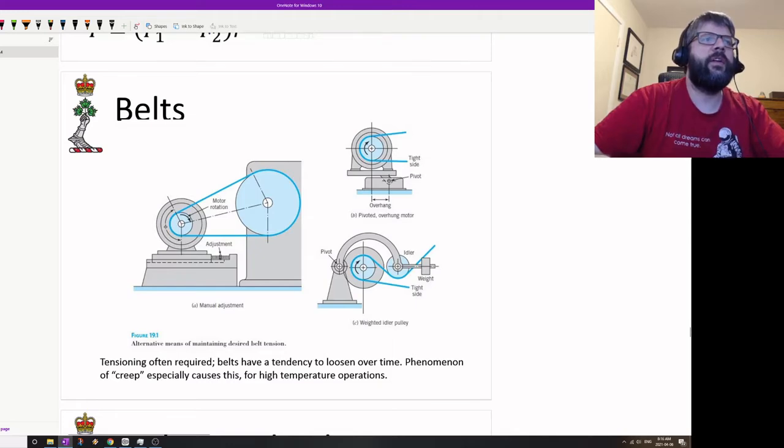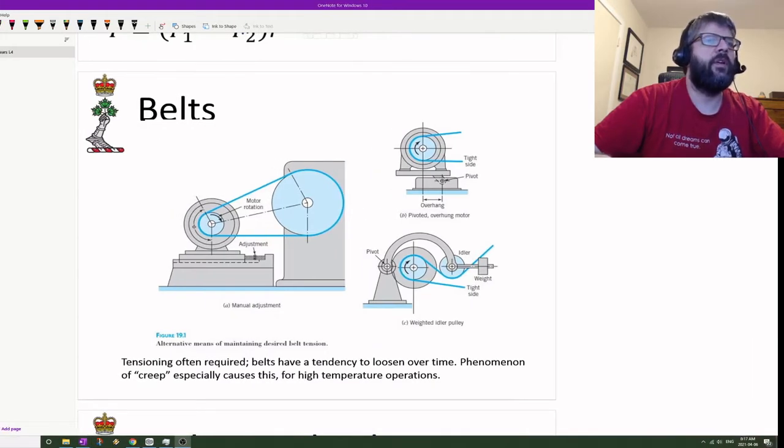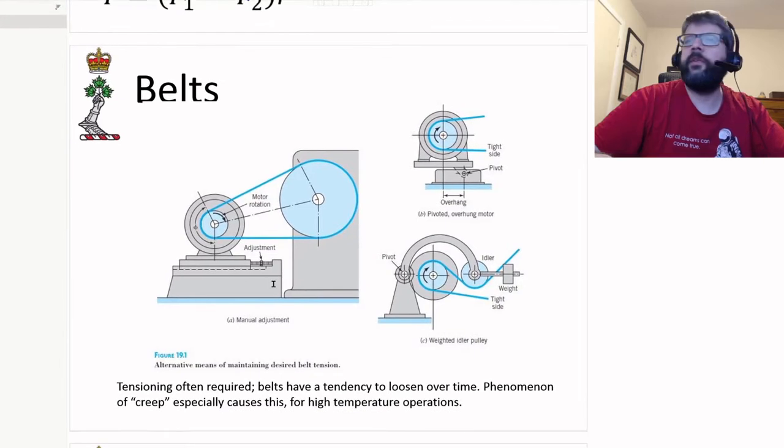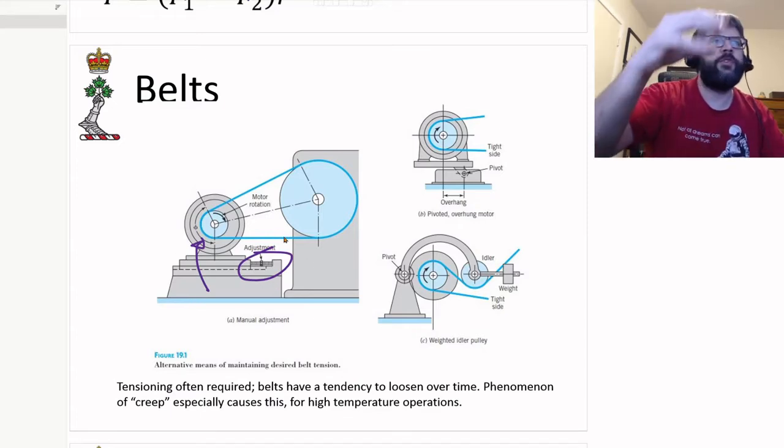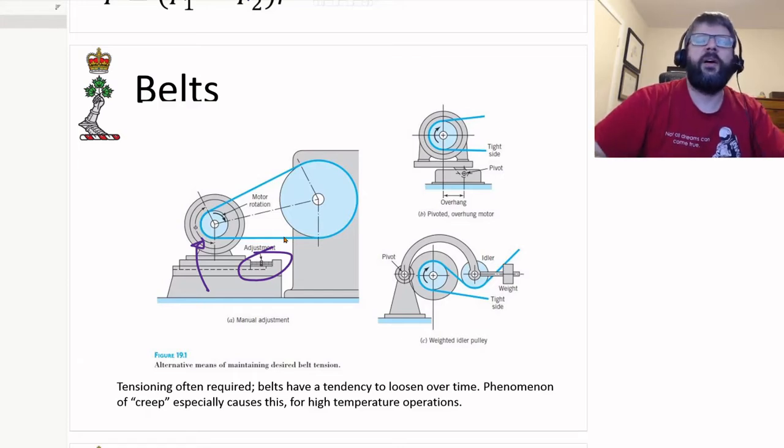Control of said tensioning is also going to be fairly important. We want to ensure that we're able to adjust it as needed. There's a few ways you could do that. One would be some sort of manual adjustment. Essentially, if you notice that it's starting to slip, then you can adjust the position of the motor here, push it a bit to the side, and that'll account for any of the loosening that has happened over time.